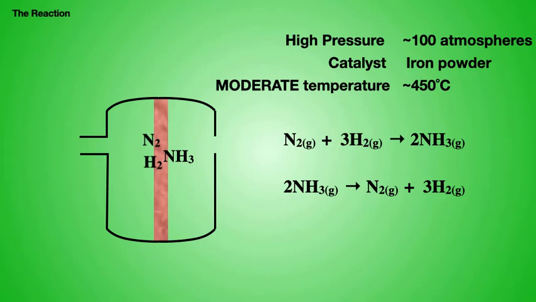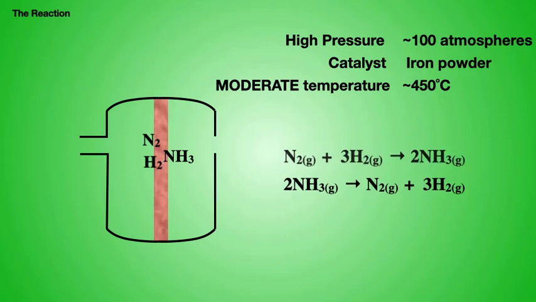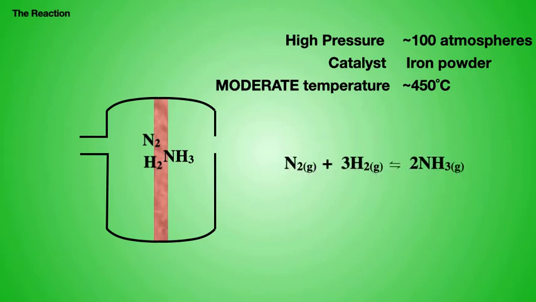In fact, what's going on in the reaction vessel is a combination of the two. It's a reversible reaction, something we normally call an equilibrium. Now what that means is that in here, you've always got a mixture. You don't just have reactants, you don't just have products, you've always got a mixture of the nitrogen and hydrogen and the ammonia. The only question is how much of each, and that depends on the temperature.